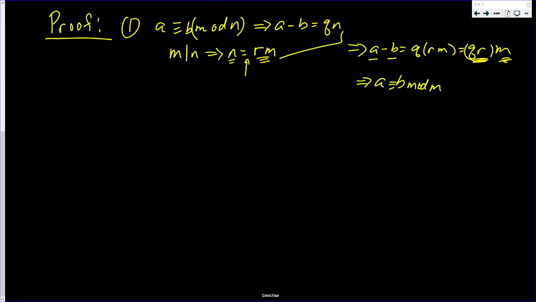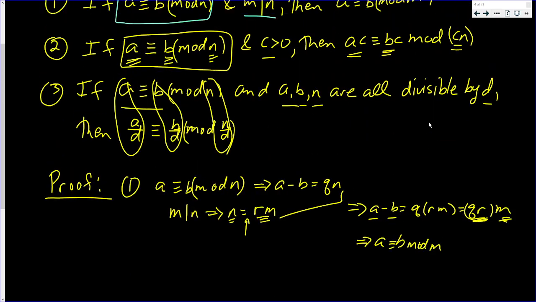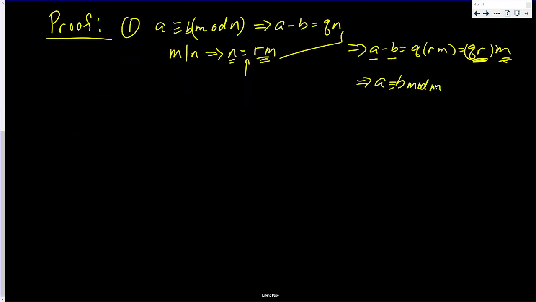Okay, number 2, you can multiply everything by C. So A is congruent to B mod n. That implies that A minus B is a multiple of n.